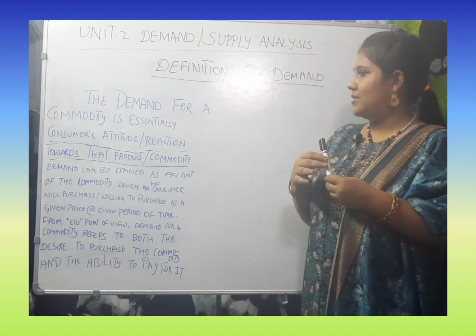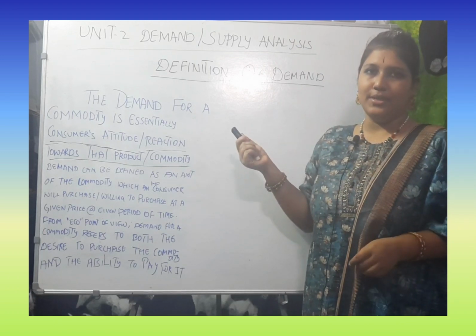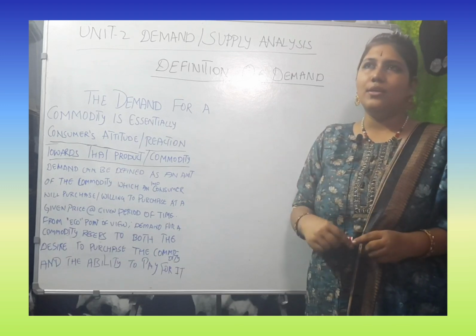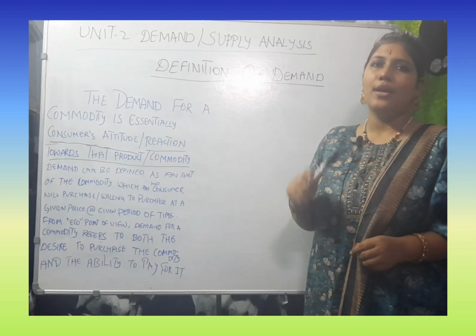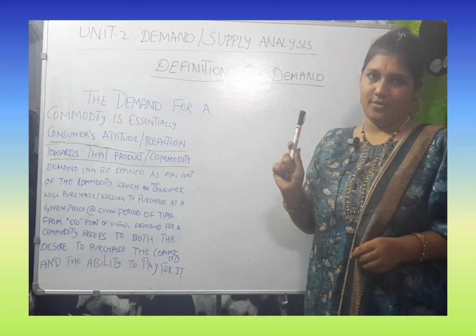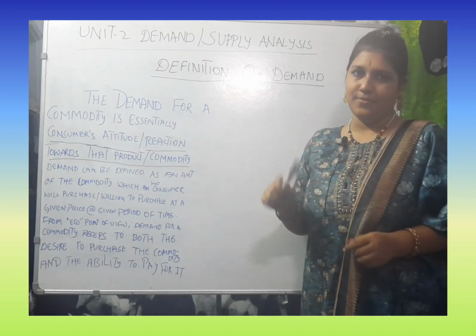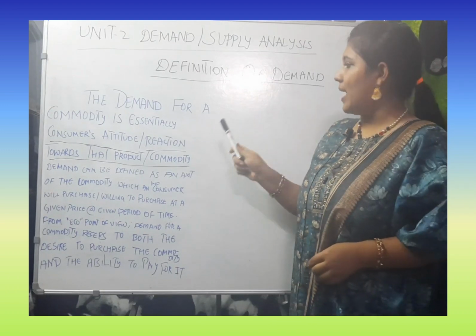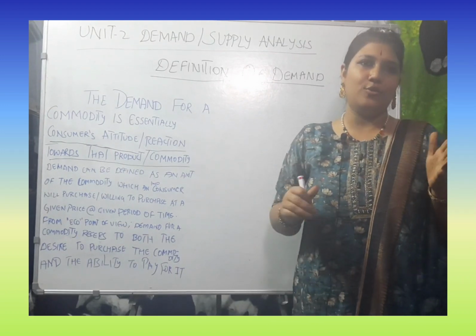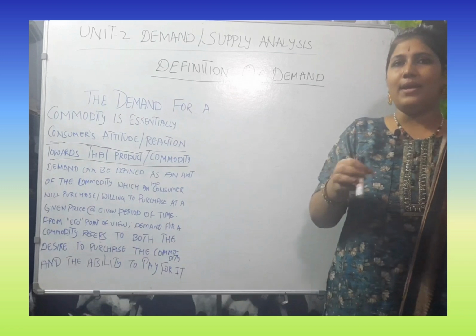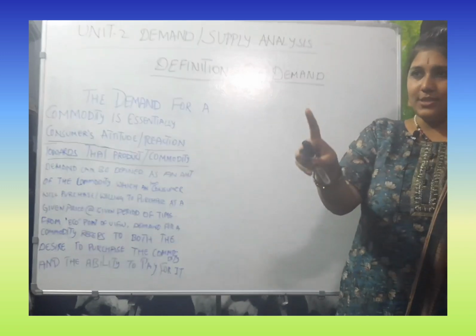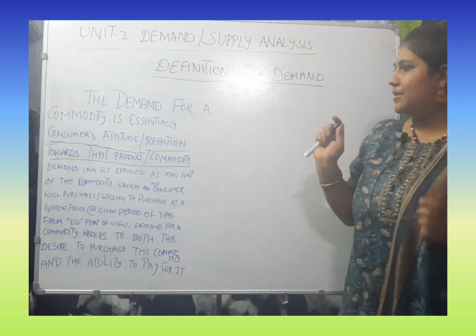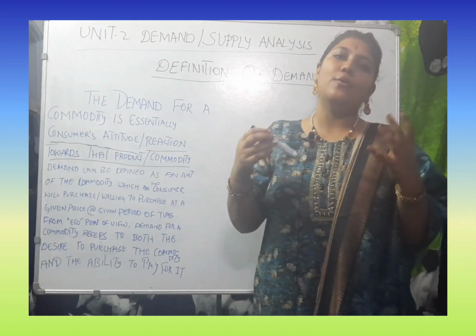Later I saw that this pen stopped writing suddenly. So I think this time whenever I go outside, I must buy this kind of pen. This is very good writing. So this is my attitude towards this pen. And the reaction would be when I go to the shop, ask them, and see the same pen like this: yes, this is what I want. This is the reaction.